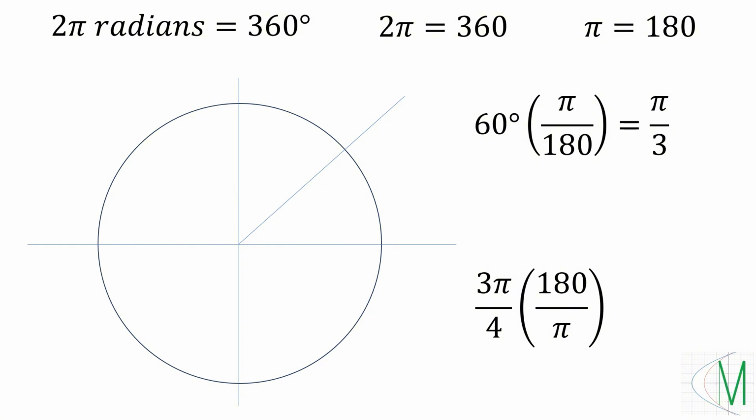Start off, look, there's a pi on top, pi on bottom, they're going to cancel. So you just have 3/4 times 180. Make the math easy on you. Once you go through and multiply that out, you find out that the degree measure is 135 degrees. So 3 pi over 4 is the same as 135.